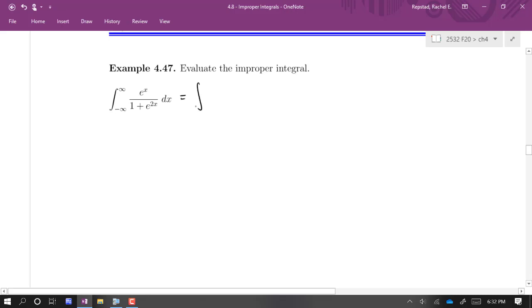So I'm going to rewrite this as the integral from minus infinity to 0, and then the integral from 0 to infinity. Should make my e's look like e's.